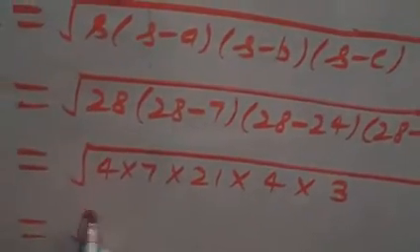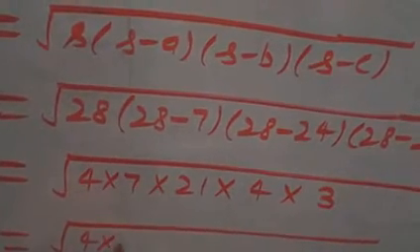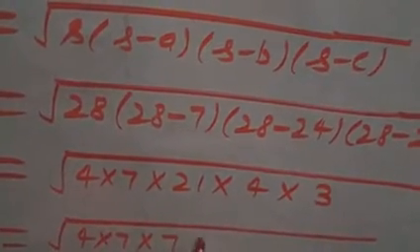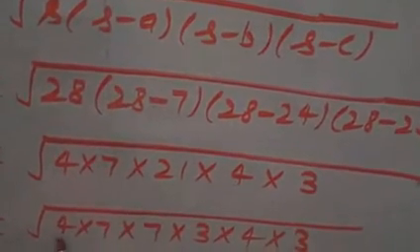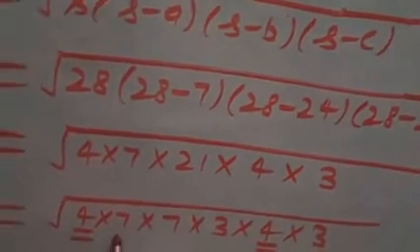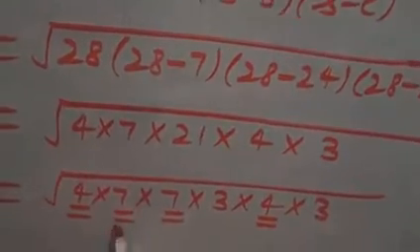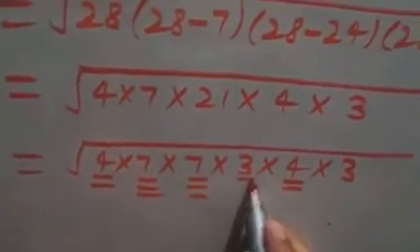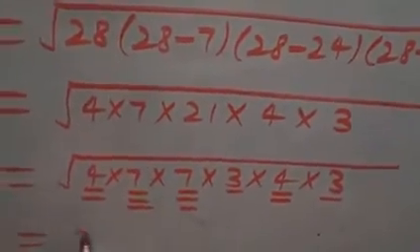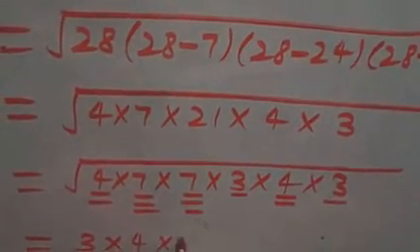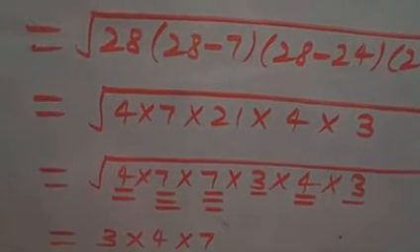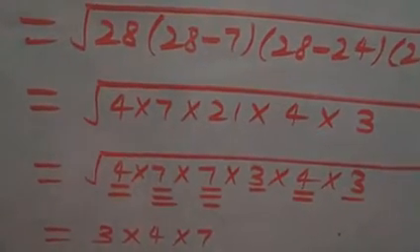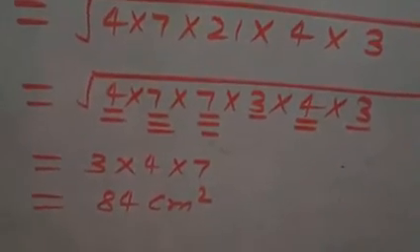So 4 into 7, 21, 7 into 3 and 4 into 3. So there is a pair of 4, pair of 7 and pair of 3. So 3 into 4 into 7, 84 centimeter square.